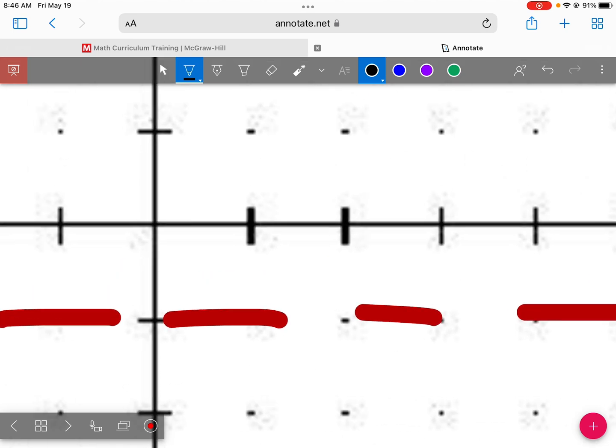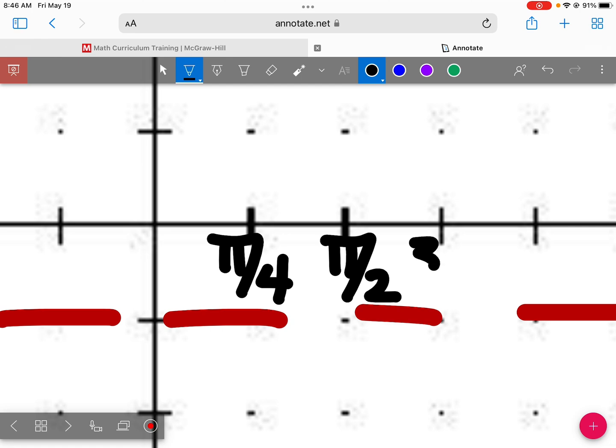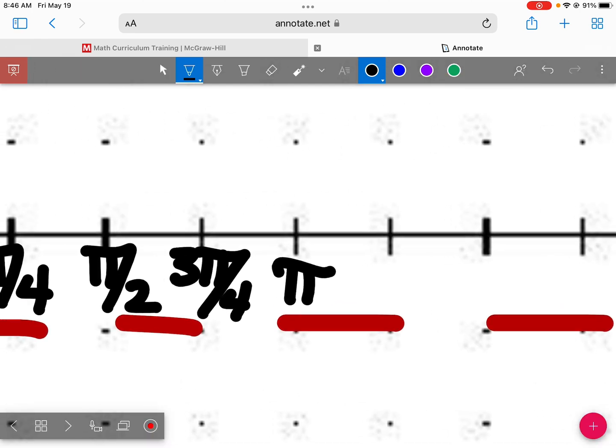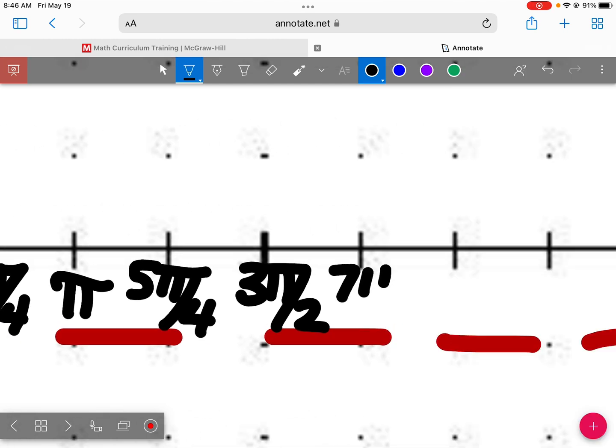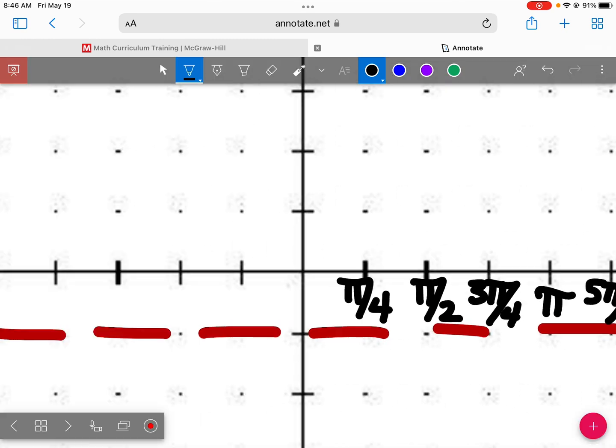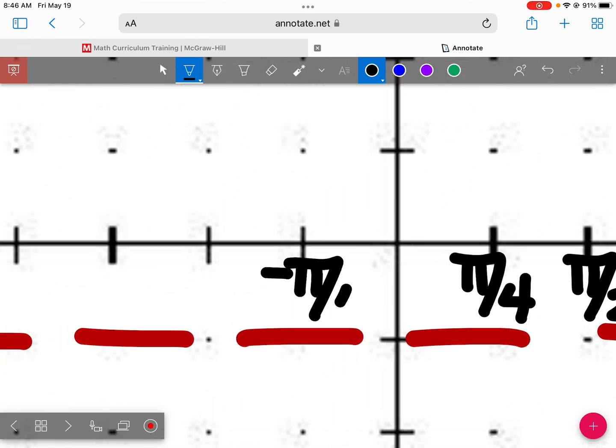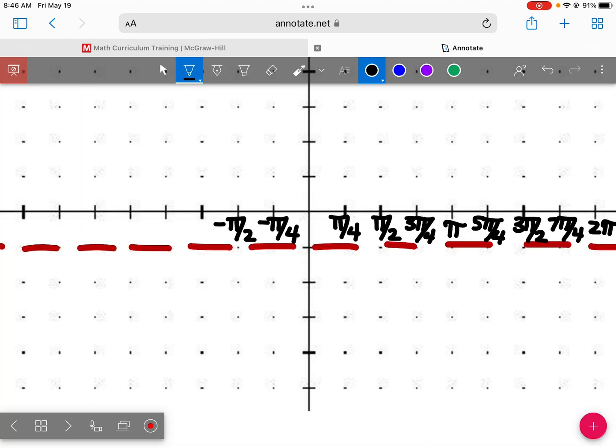So pi over 4, pi over 2, 3 pi over 4, pi, 5 pi over 4, 3 pi over 2, 7 pi over 4, 2 pi, negative pi over 4, negative pi over 2.